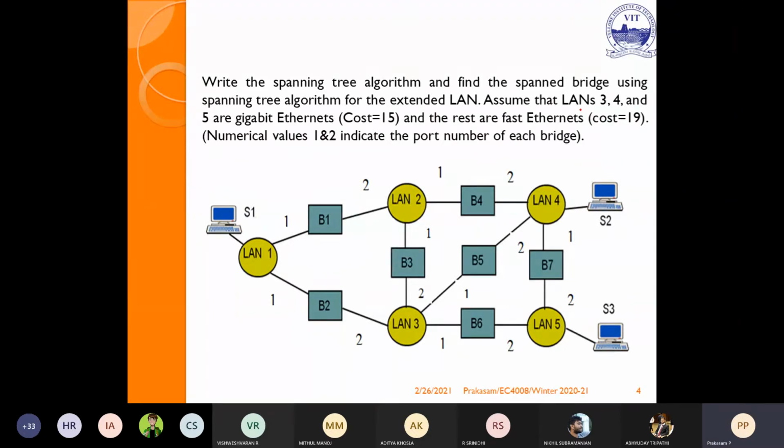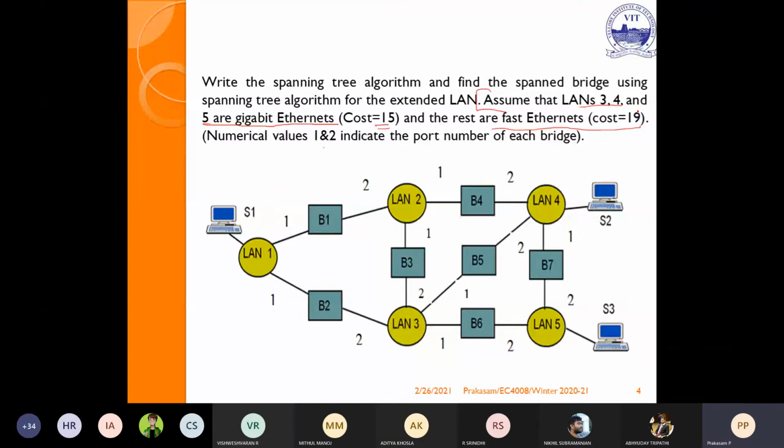Assume that LAN 3, 4, and 5 are gigabit Ethernet. The cost is 15. The remaining are fast Ethernet, cost is 19. The numerical values 1 and 2 indicate the port number of each bridge. So 1 and 2 are port numbers. This is very, very important.